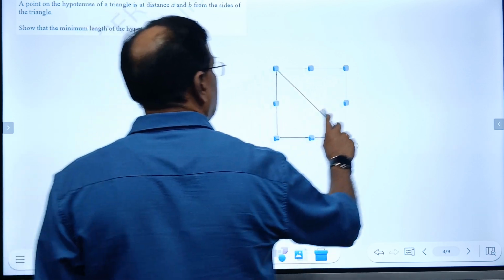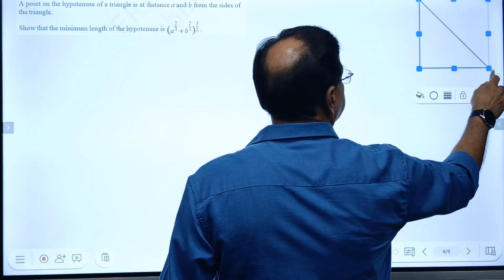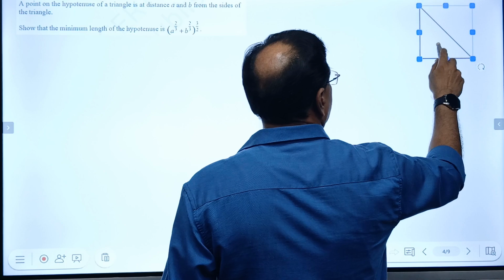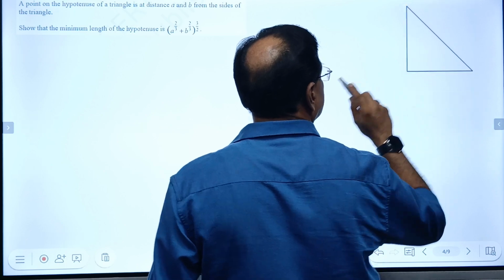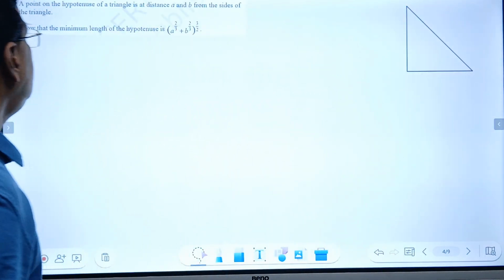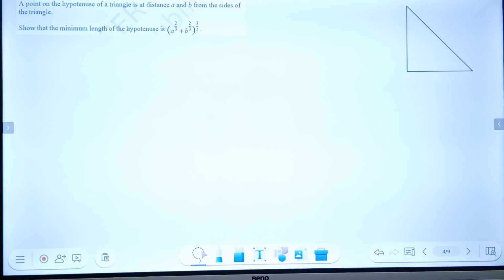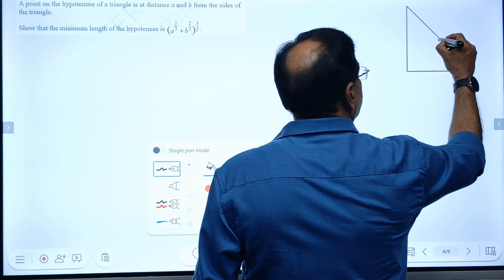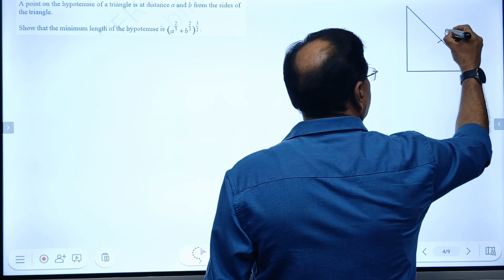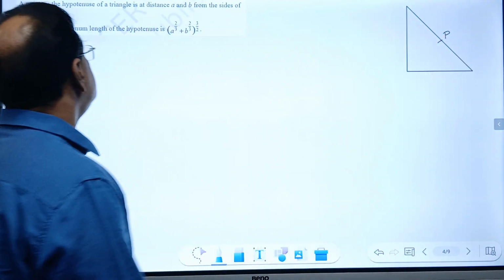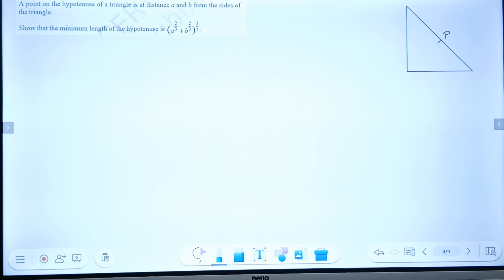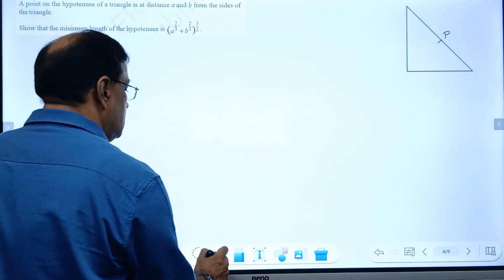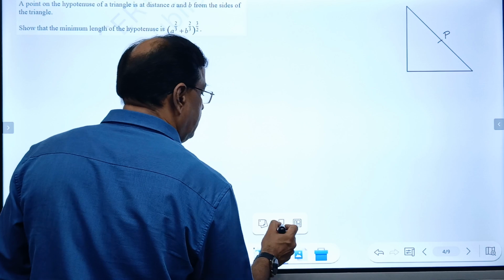First of all, you have given a right angle triangle. So this is a right angle triangle. A point on the hypotenuse. So I have to choose a point on the hypotenuse. So I am choosing a point P on the hypotenuse such that it's always at a distance A and B from the sides. So what I do, I find the distance.